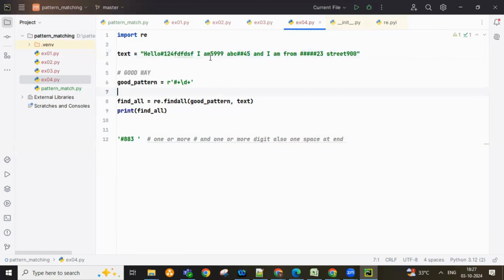And here, hash is missing. Here, hash is there, number is there, and space is also there, so it is matching. One or more hashes, one or more digits, and the space also gets matched. Clear? And the last one? It does not have a hash, does not have a space. Got it? That's how it is working.